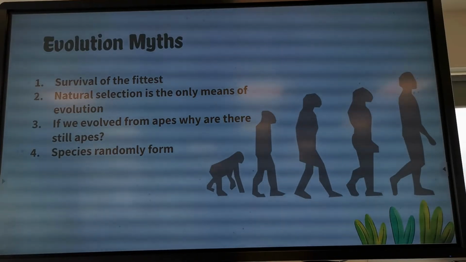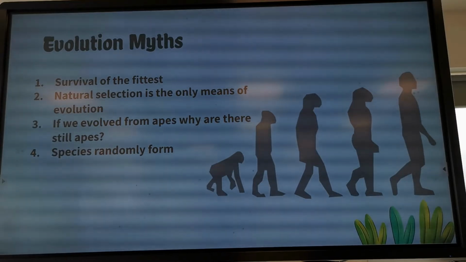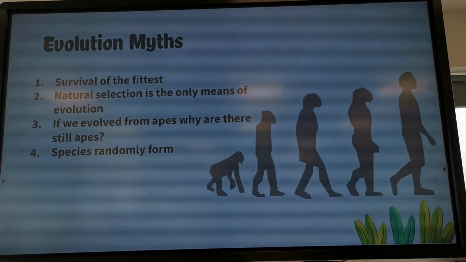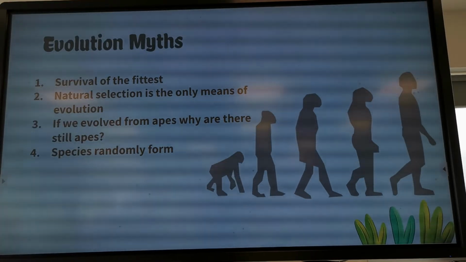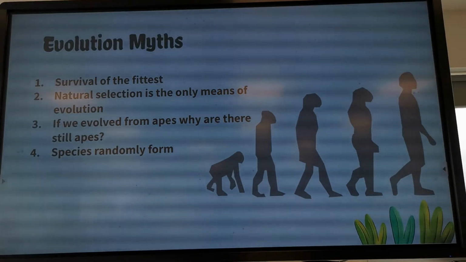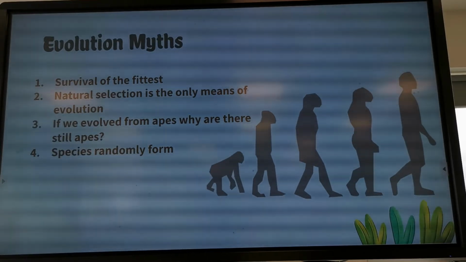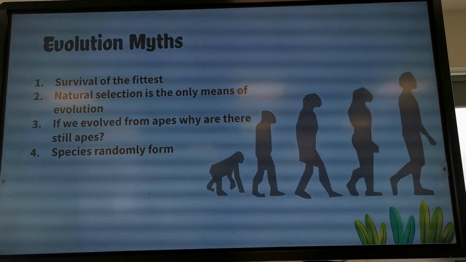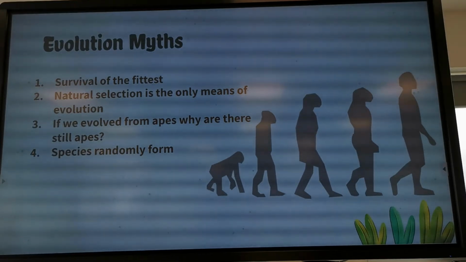So although you may be the fittest, you may have the best chance of survival, if there's economic changes, climate changes, geography changes, changes further down the food chain, for example, then that's always going to have a knock-on effect. Good example, think about something like a saber-toothed tiger. Very dominant creature, perfectly well adapted to be the apex predator, but changes further down the food chain meant that it died out. So it's things like that. The fittest don't always survive.